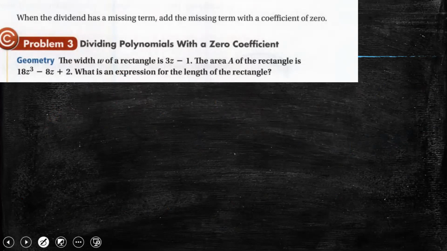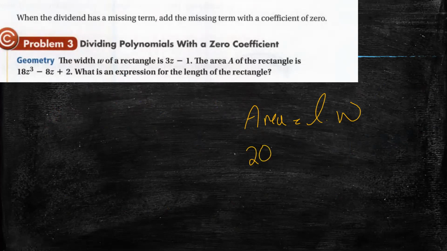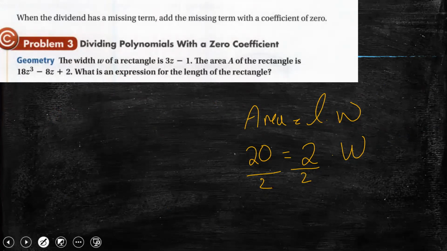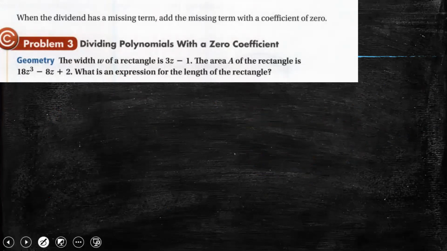All of us know that the area of the rectangle is the length times the width. So if the area is 20 and the length is 2, you want to find the width. What do you have to do? You have to divide the area by the length to find the width. If you have the width, like in this example here, they give you the width, you have the area, you want to find the length.